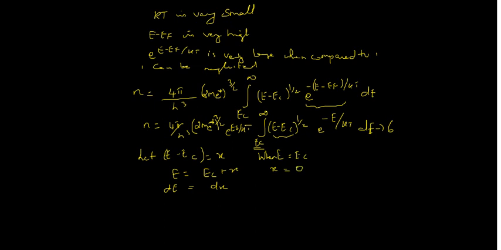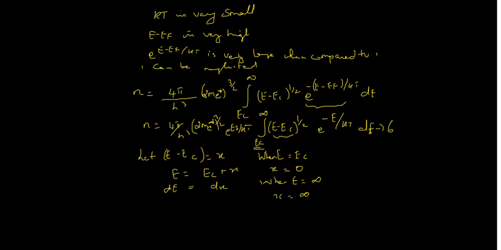Then when E is equal to infinity, infinity minus EC is a higher value, so that becomes again infinity. So X is also equal to infinity.